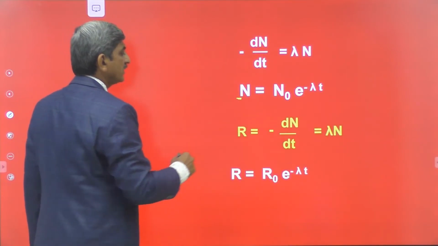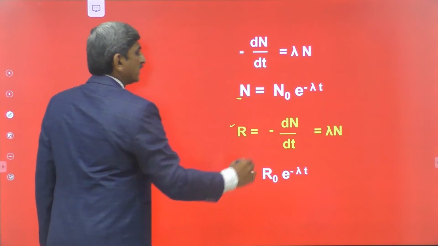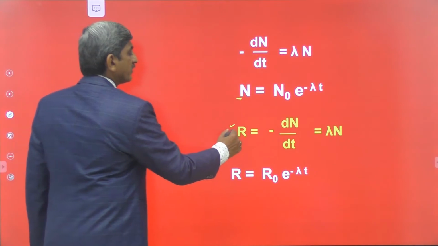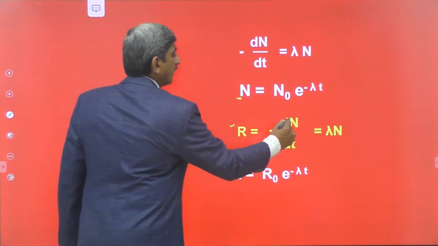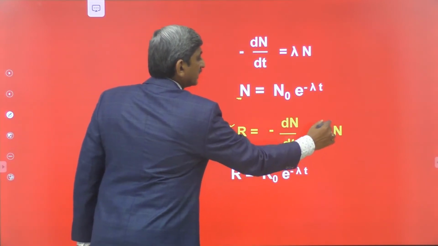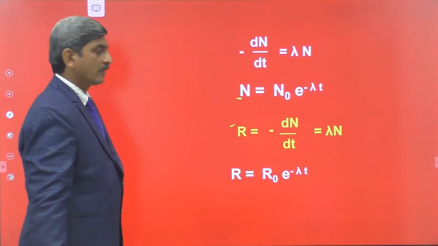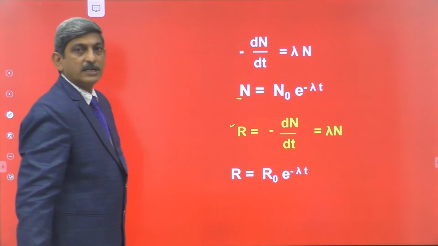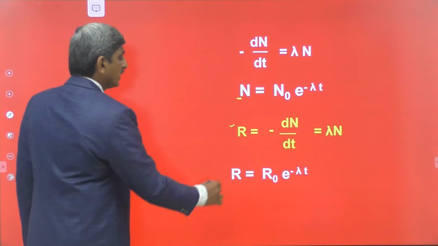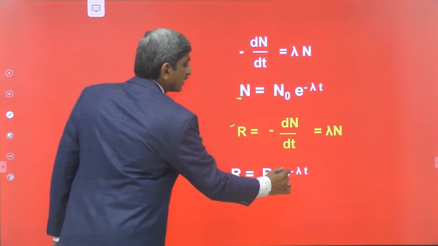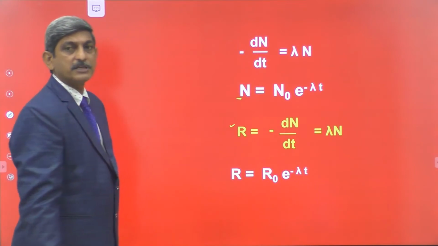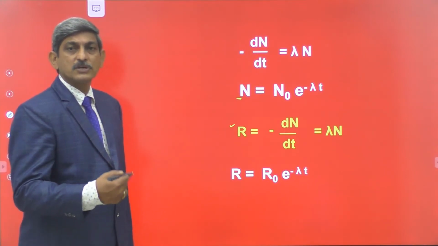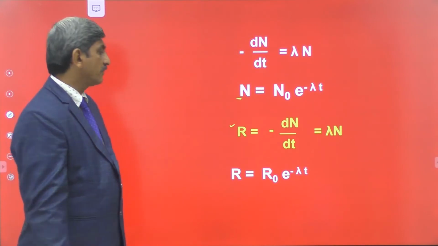The next one is the rate of decay. The rate of decay is given by R is equal to minus dN by dt, that is equal to lambda N. And the rate of decay after t seconds is given by R is equal to R naught e power minus lambda t. Already we know that the rate of decay is also called the activity of the sample.